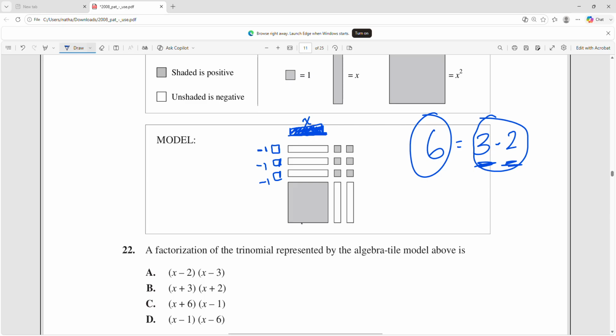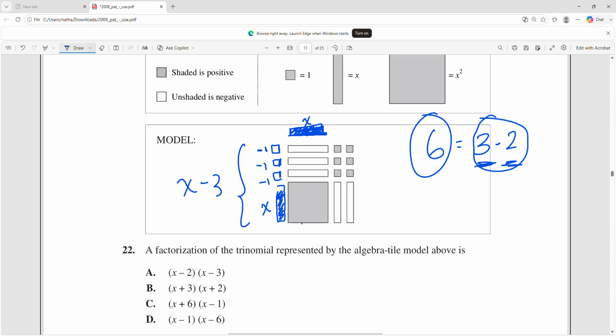Okay, so we know this is a positive x, and here I have shaded, which in this case means positive. To get something positive, this would also have to be something positive. So this is going to be a positive x. So an x here and 3 negative 1s. So this would be like saying x minus 3.